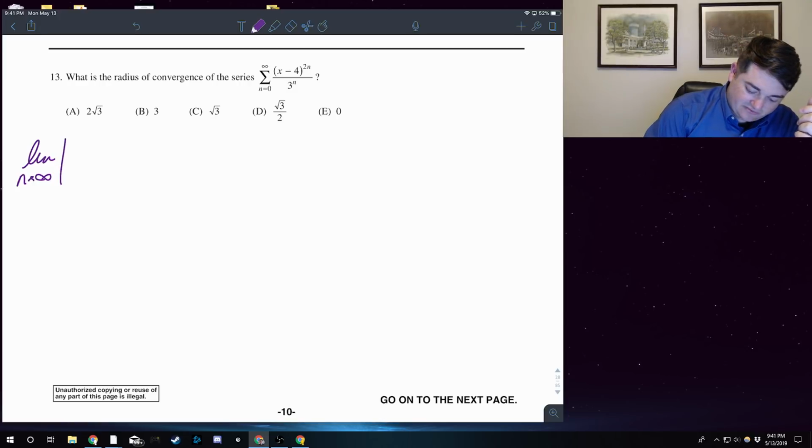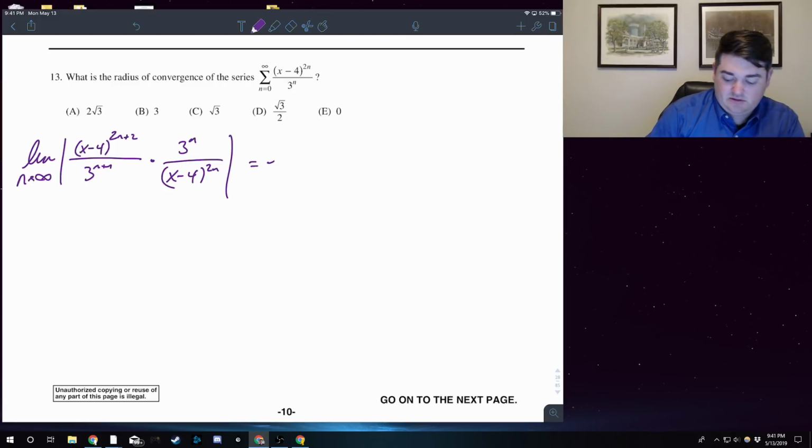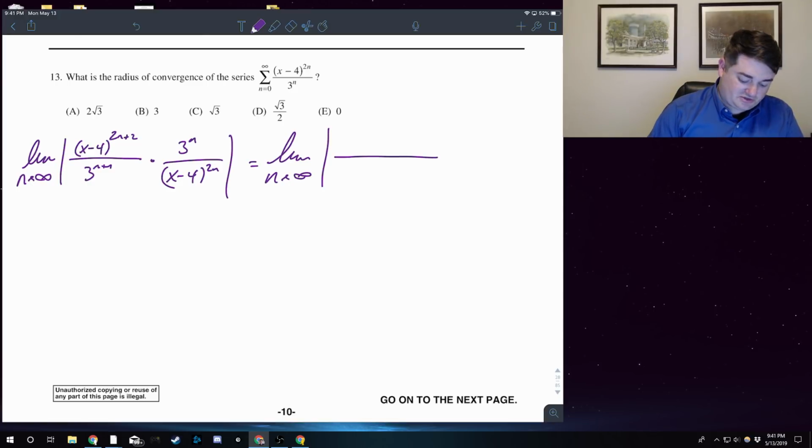Limit as n goes to infinity of, Jacob, if you're still here, here's another 2n. So, x minus 4 to the 2n plus 2 over 3 to the n plus 1 times 3 to the n over x minus 4 to the 2n. What do I have? I've got 2 extra x minus 4s on top, so x minus 4 squared, and 1 extra 3 on the bottom.